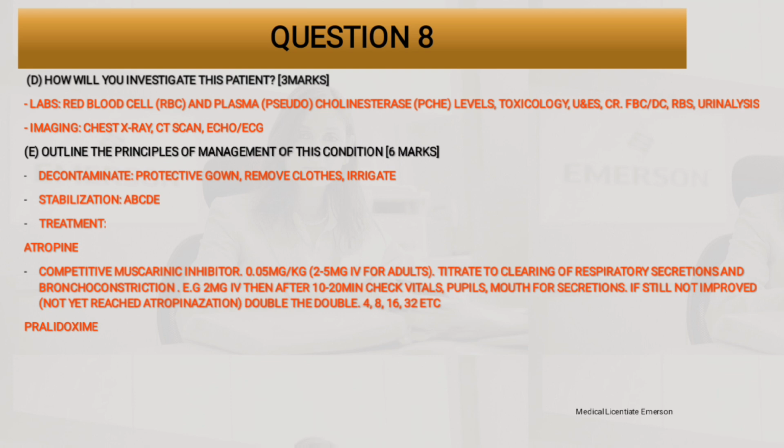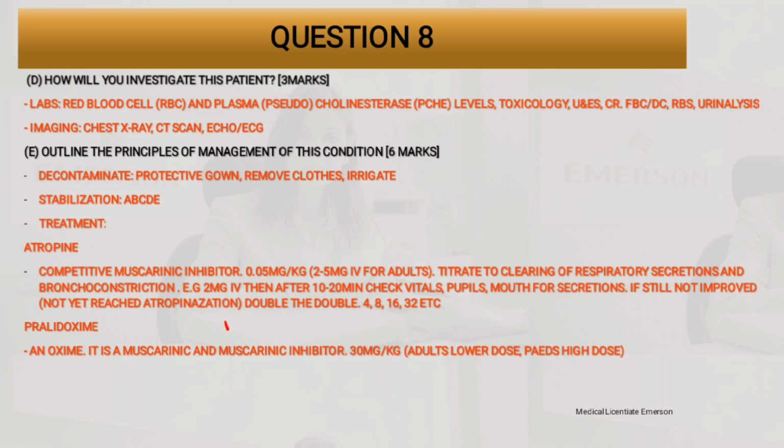Okay, then also what other treatment can you give, what we call pralidoxime. Pralidoxime is an oxime which has both muscarinic and nicotinic inhibitor effects.